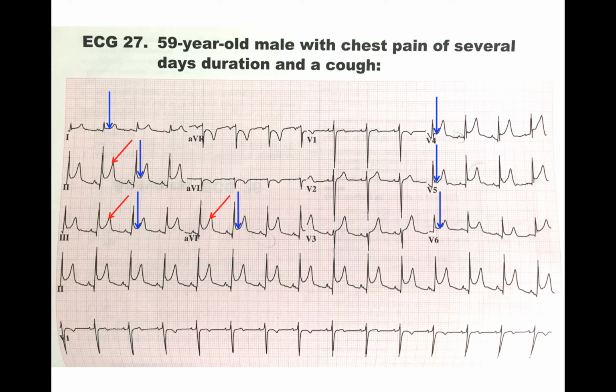In a setting of electrical alternans with pericarditis, you're thinking a pericardial effusion, which could be a medical emergency. So we'll go over pericardial effusions in another video, but just over here in V4 is significant for the possible pericardial effusion.